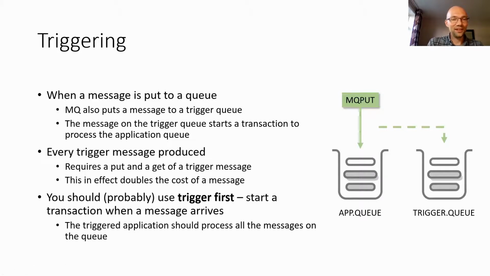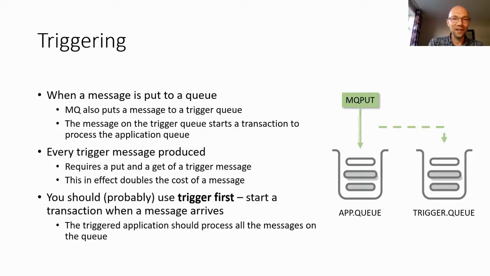I mentioned triggering slides ago, because this is one of the things that the message manager looks after. Triggering is a feature in MQ where you can define a queue so that when a message is put to that queue, the queue manager can put a message to another queue, with the goal of triggering an application to start to process the real message that was put on the application queue.